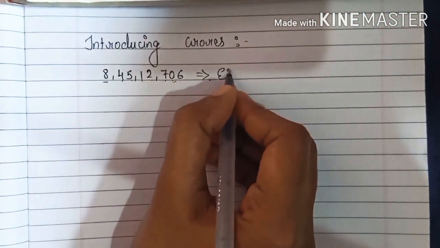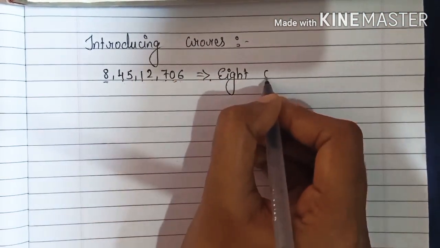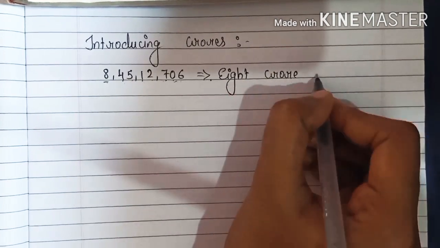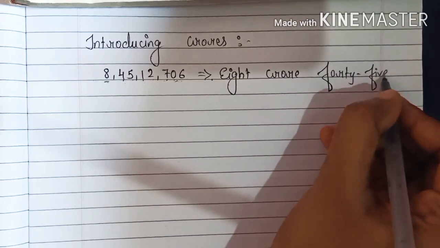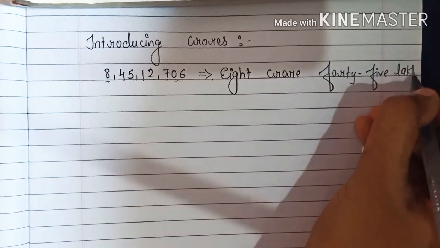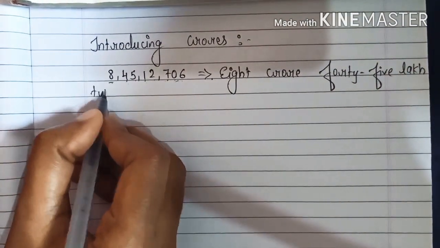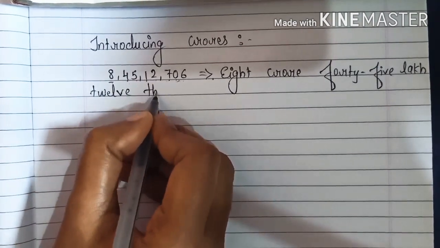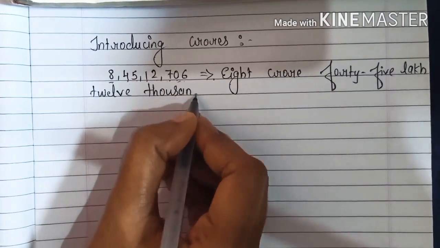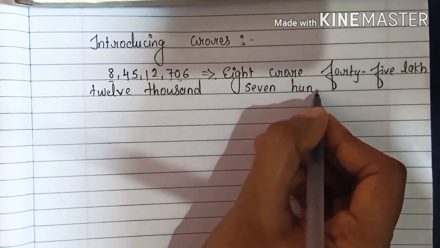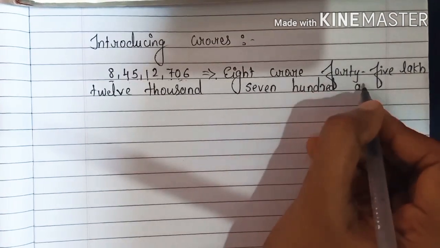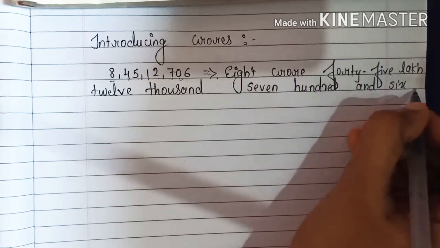Let us write this in words. This will be 8 crore 45 lakh 12,706.